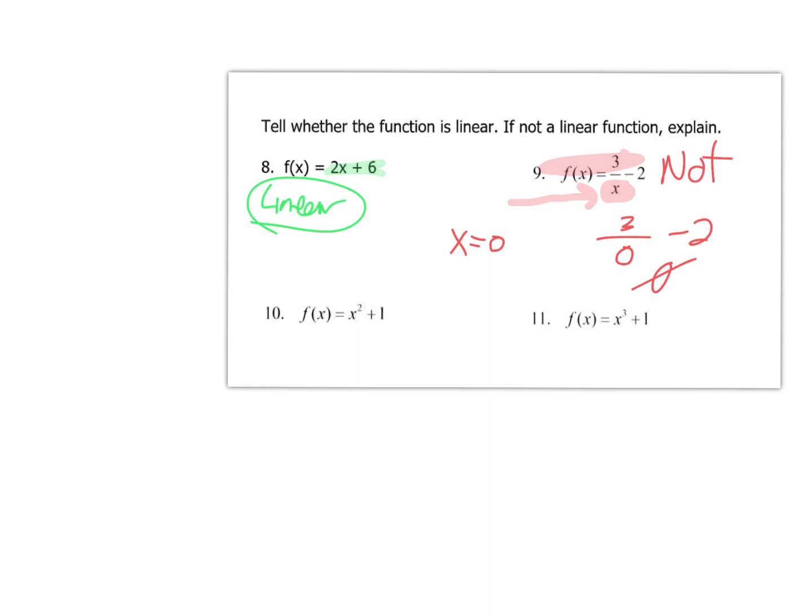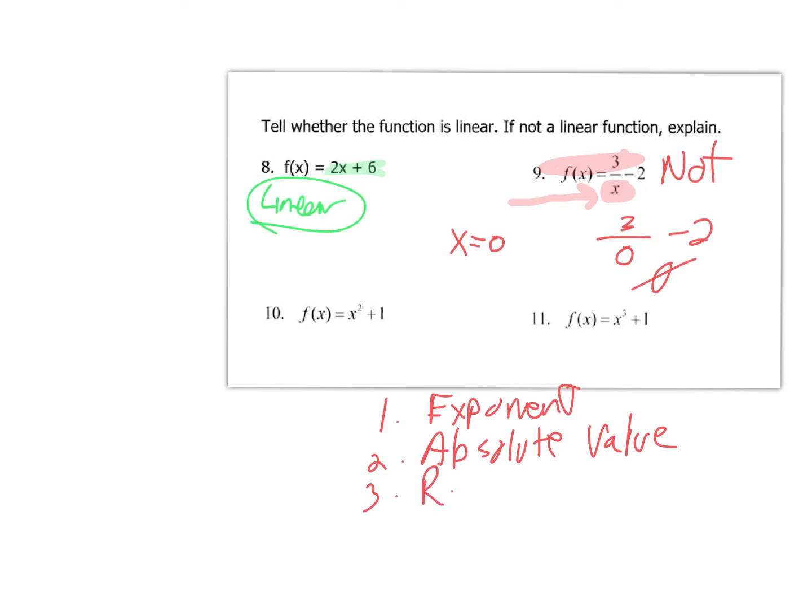So that's another thing. So our four things now, okay, is exponent. Okay. Second thing we discussed was absolute value. Okay. Third thing we look for is radicals.